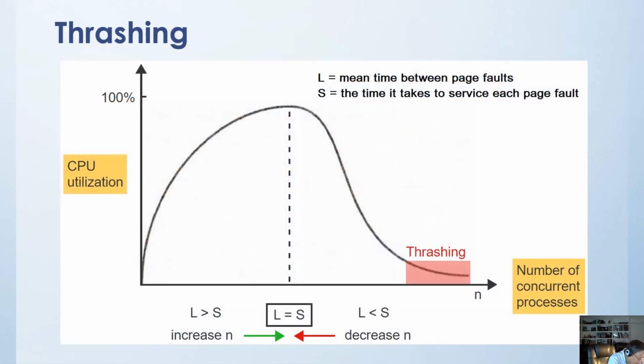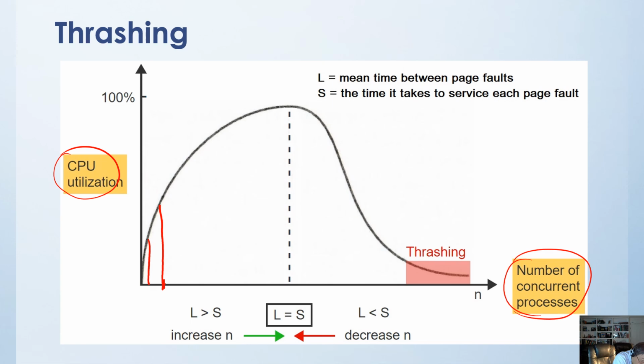Now this diagram shows the relationship between the CPU utilization and the number of concurrent processes. When the number of concurrent processes is small, the CPU utilization is also small, right?